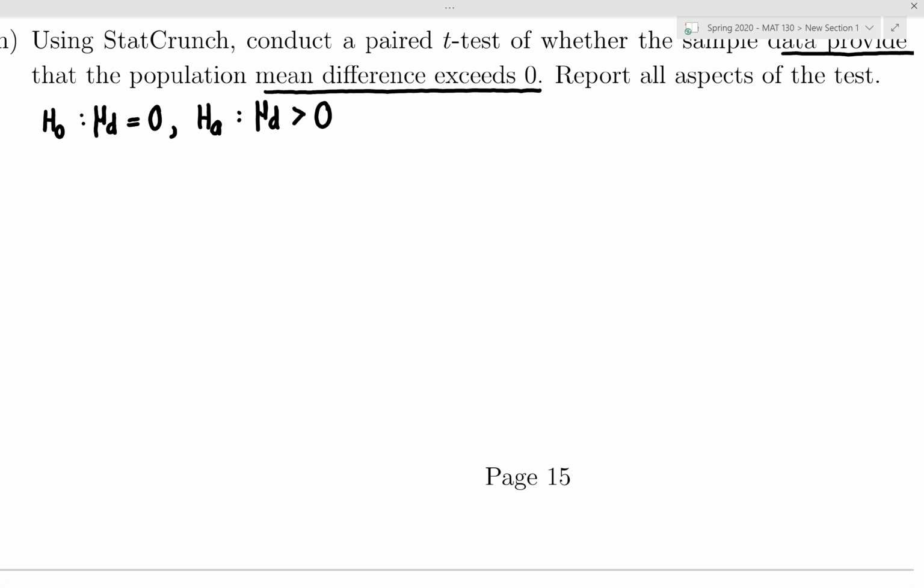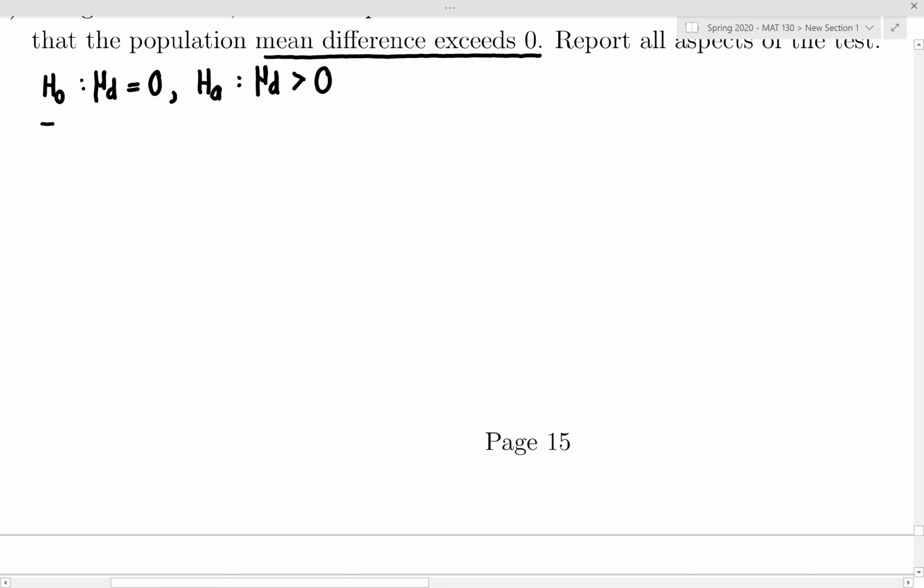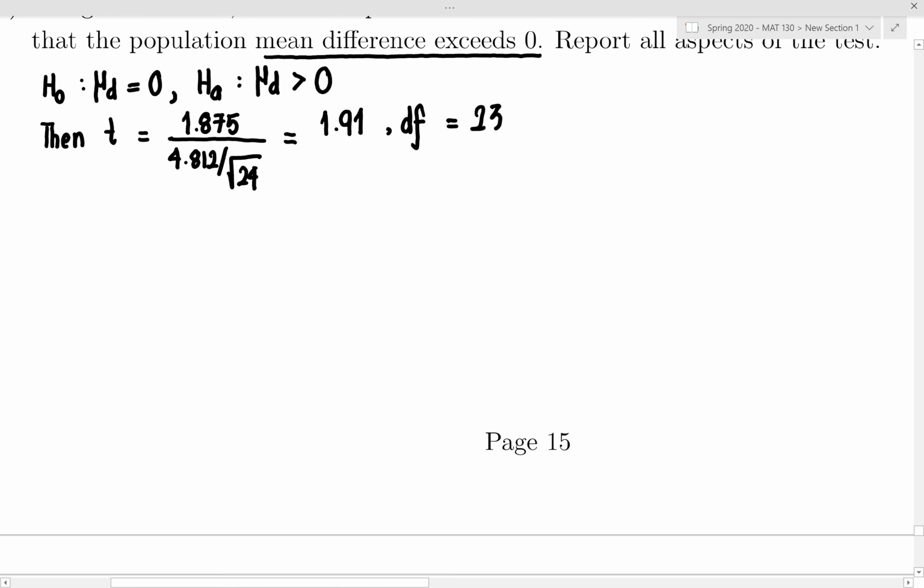Now we are going to compute our test statistic. Our test statistic is our sample mean, which is 1.875, minus 0, divided by 4.812 over the square root of 24. When I do this, I get 1.91, and my degrees of freedom is 23.